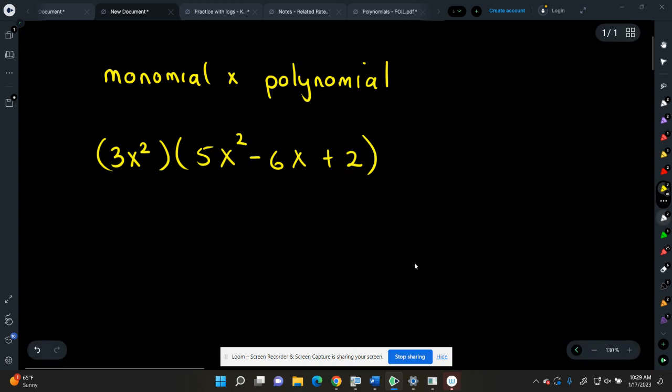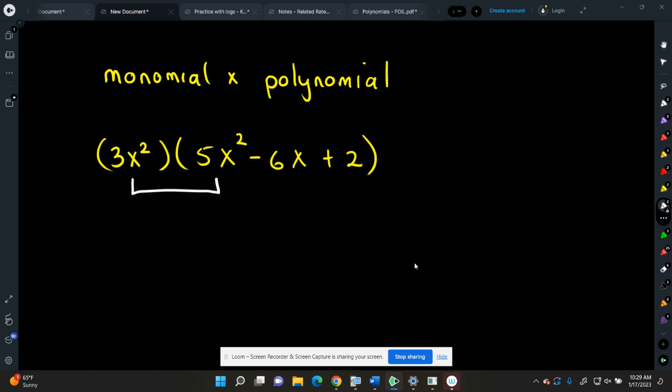Okay, so when we do this, we're distributing, which means we take this term outside and we multiply it by everything inside.